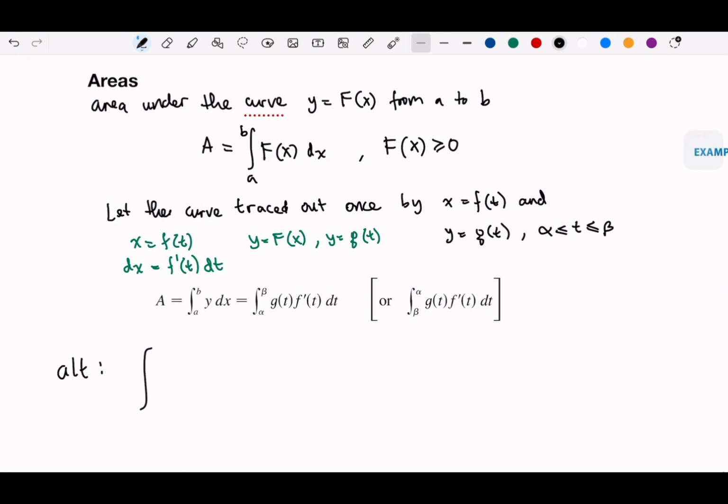If you see any word that is not clear, let me know. So alternatively, let's say we have y dx from a to b, and suppose that we have changed everything into the parameter. What we can do is, this becomes alpha and beta.